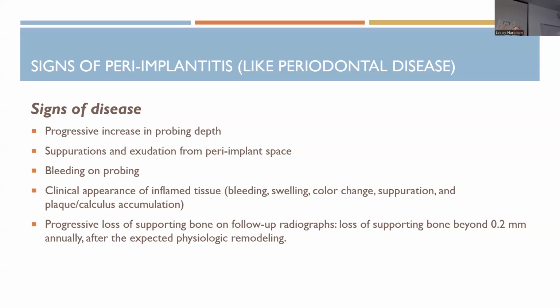Clinical appearance of inflamed tissue is going to look the same as your natural teeth. And then there's progressive loss of supporting bone on follow-up radiographs. You always want to try and radiograph an implant in the same way. So if you can take a really perpendicular image, even if it's a vertical bite wing, you do want to see down around the end of the implant, but if you can see the bone level, take a really similar image so that you always see a nice perpendicular or parallel technique.